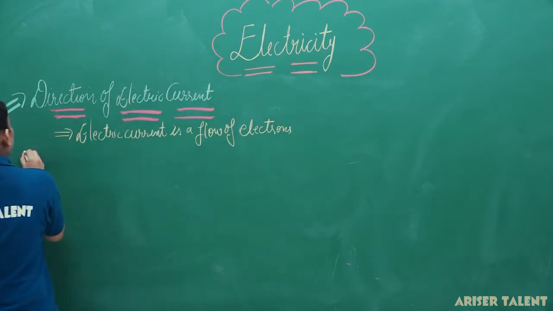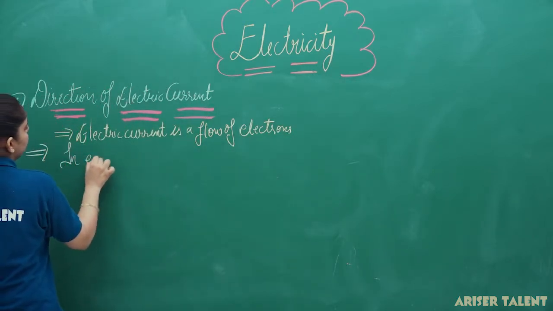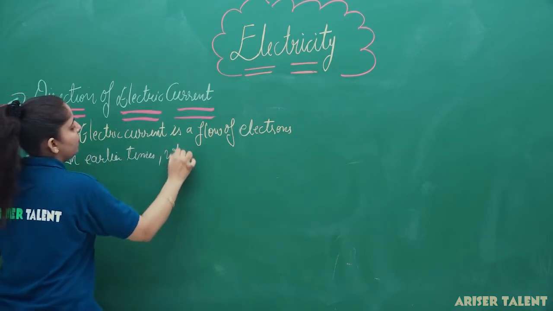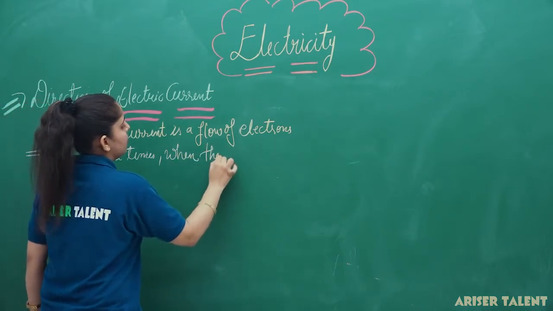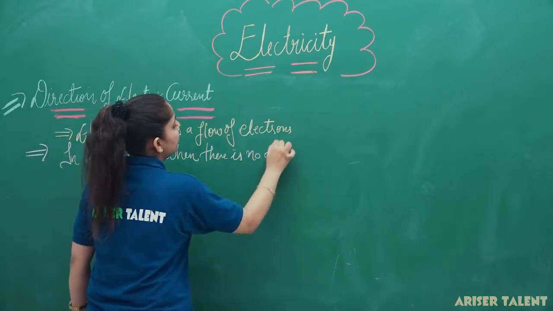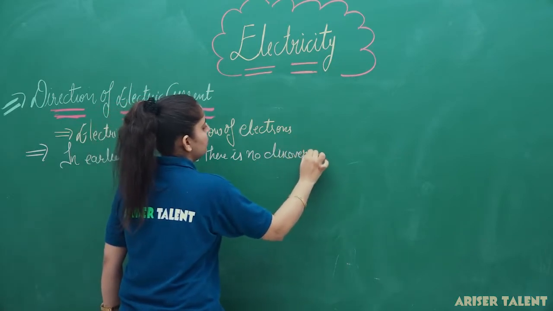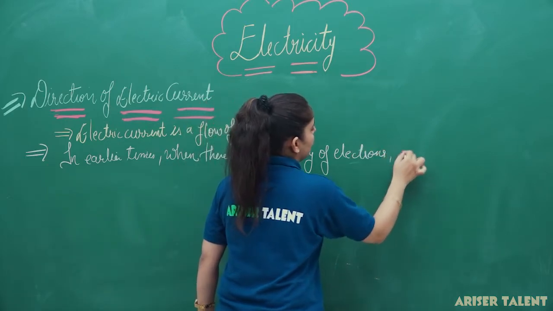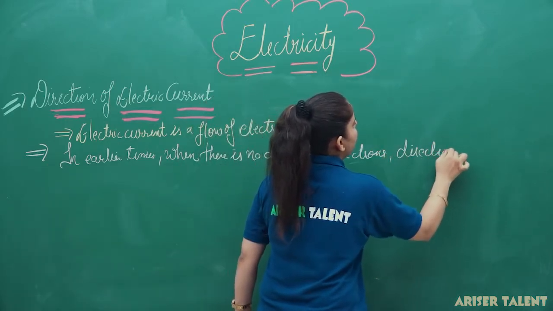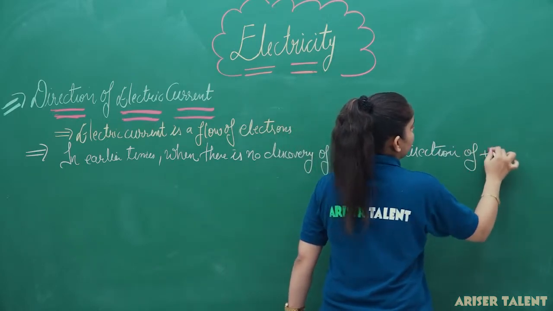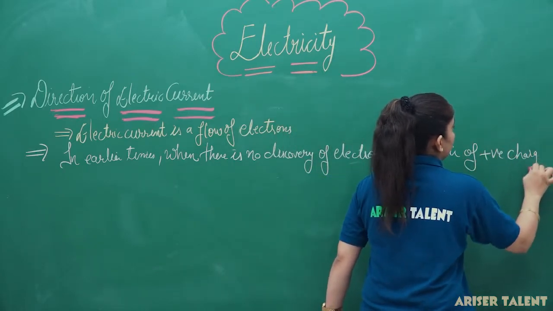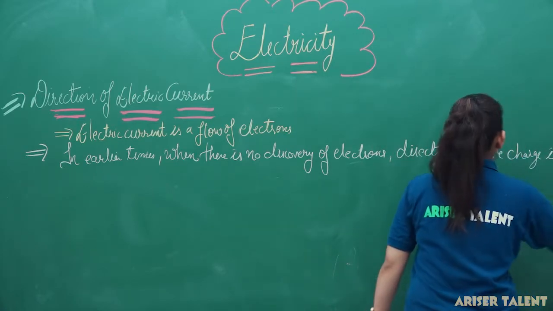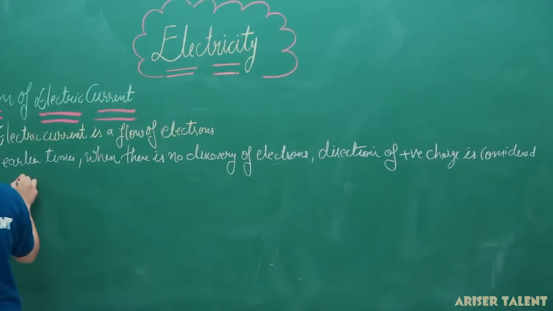But in earlier times, when there was no discovery of electrons, the direction of positive charge was considered as the direction of current.